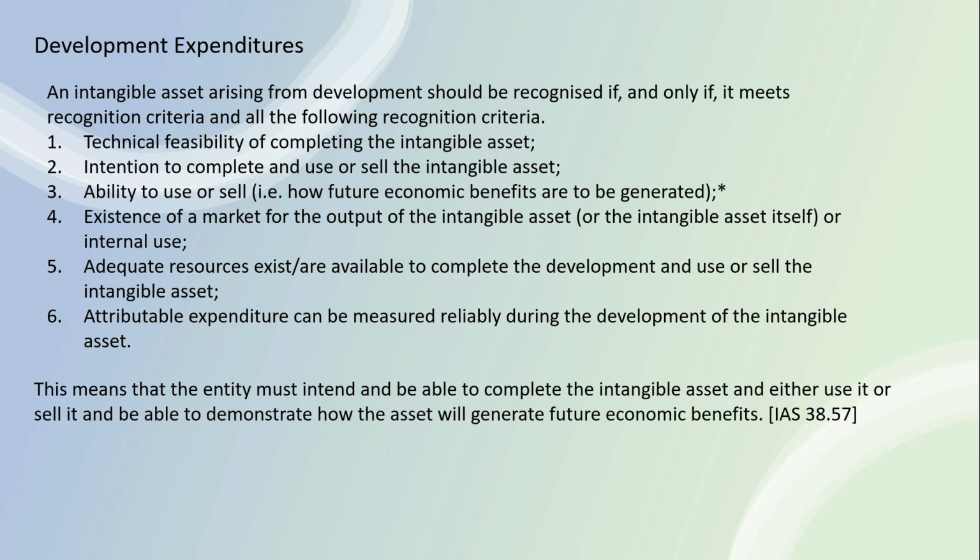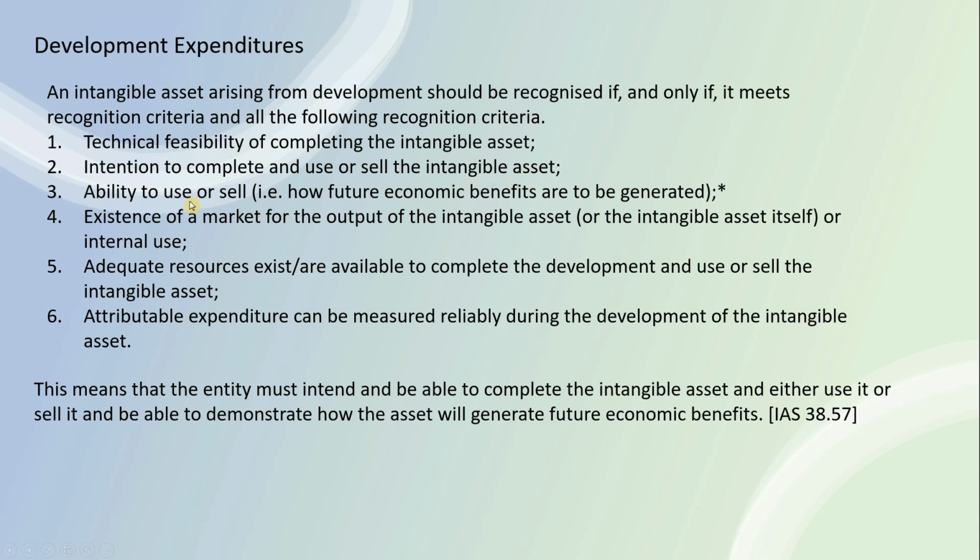The first one is technical feasibility of completing the intangible non-current asset. So whether to complete the product itself, whether the technical is being used or not, and then the completion for the production is for the use and sale of the intangible non-current asset.